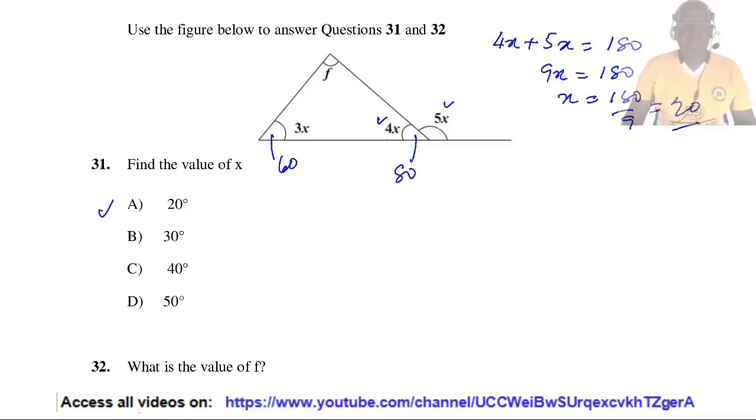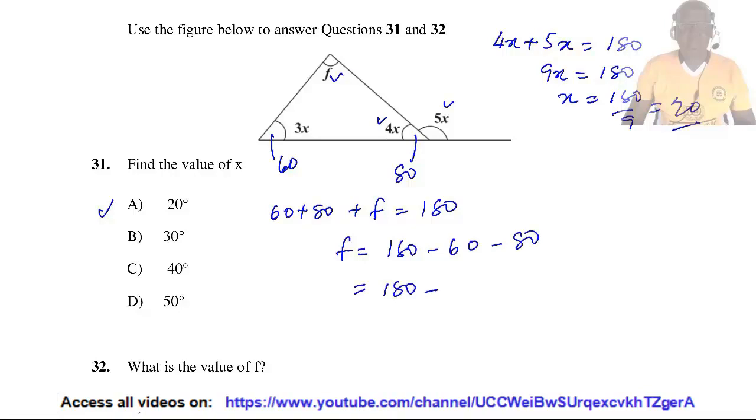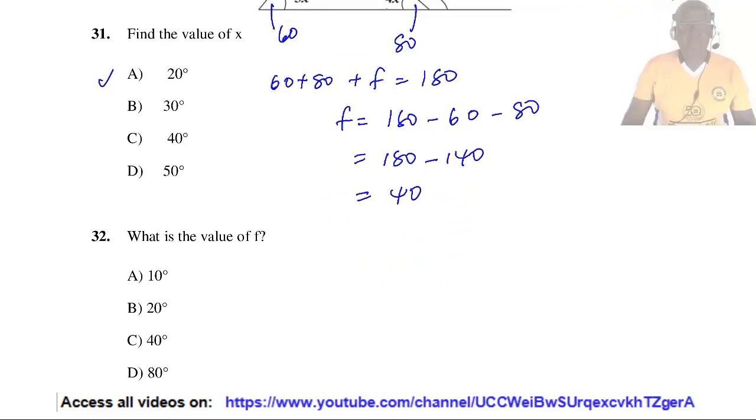So 60 plus 80 plus F should be equal to 180. That's F over here. So F equals 180 minus 60 minus 80, or F equals 180 minus 140, or F equals 40 degrees. So the answer is C.